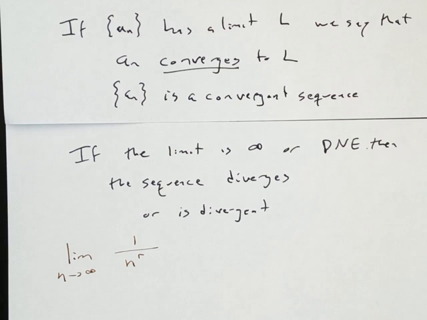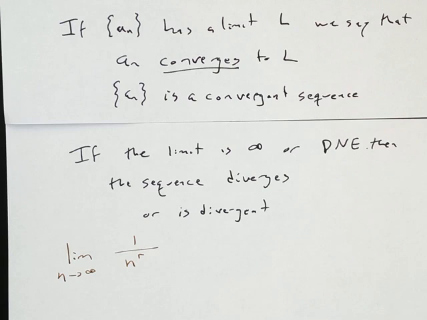It turns out that a lot of the results that we have already proved involving infinities and limits have parallels in sequences. 1 over n to the rth power. Wait a minute. Top of that fraction is always 1.